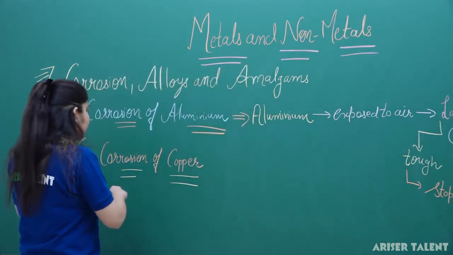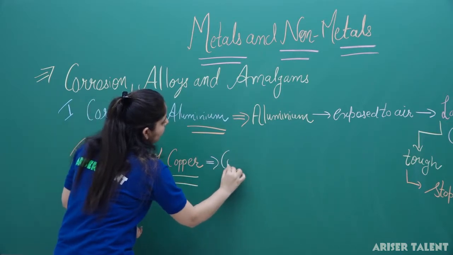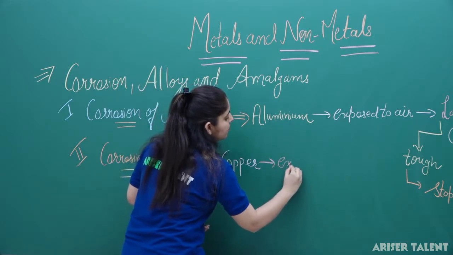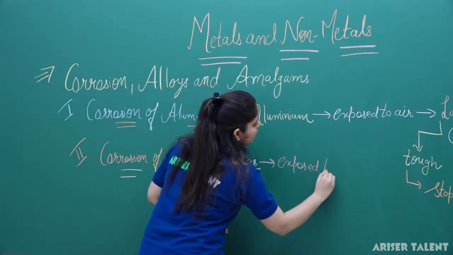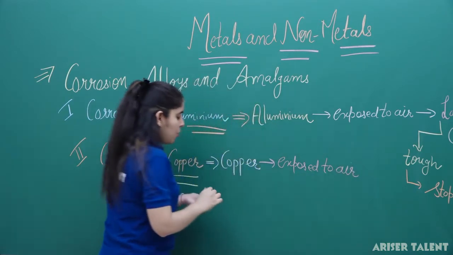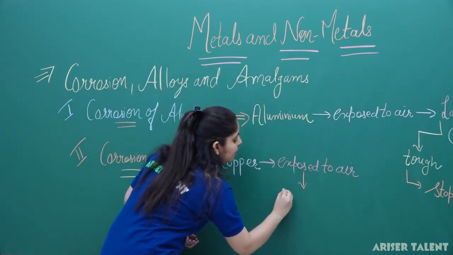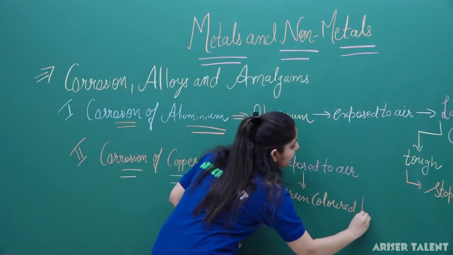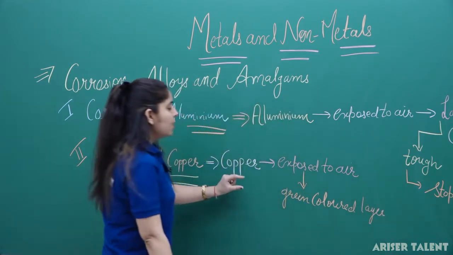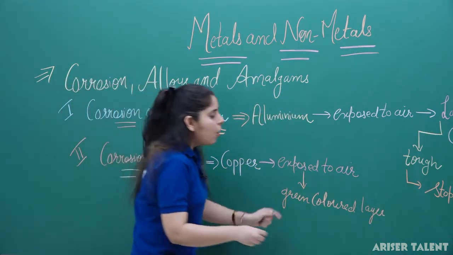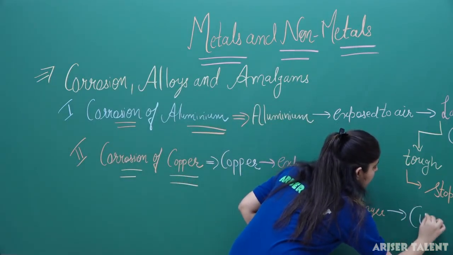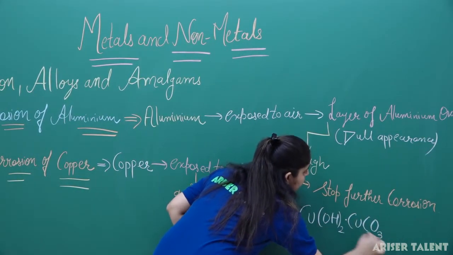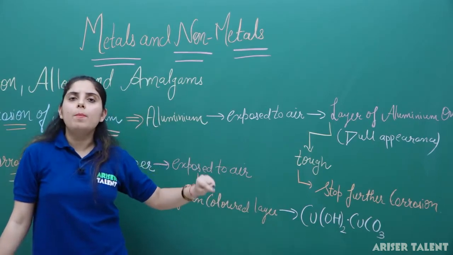So what will happen in this case? When copper is exposed to air, a green colored layer is formed. This green colored layer is basically of Cu(OH)2·CuCO3, that is copper hydroxide and copper carbonate.